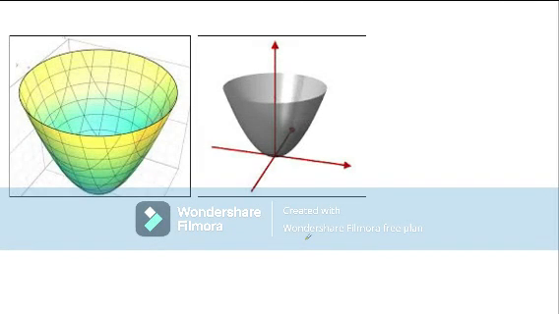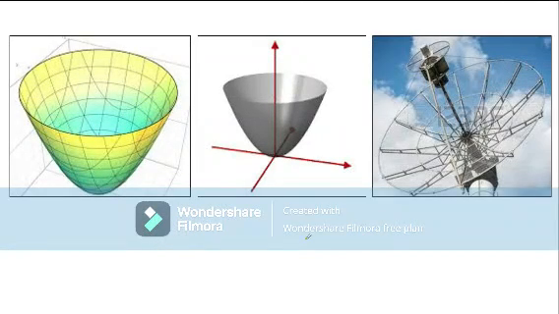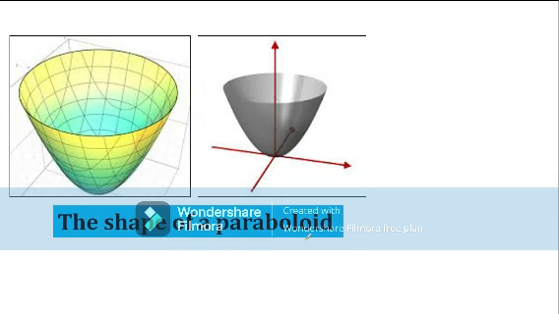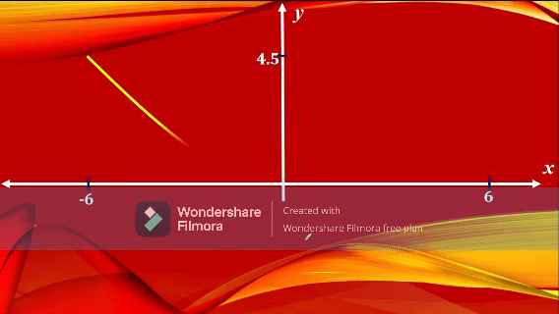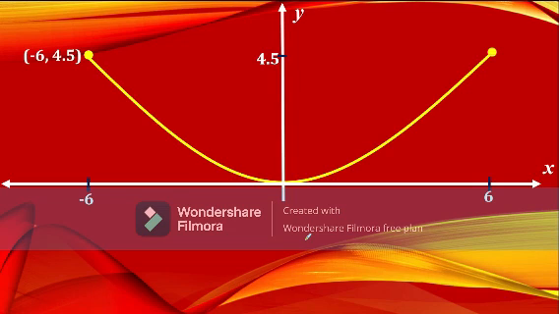So this is now the picture of a parabola. Okay, this is the shape of a paraboloid, and this is a satellite dish. Now considering this parabola, if we're going to construct using the given, we have this one.